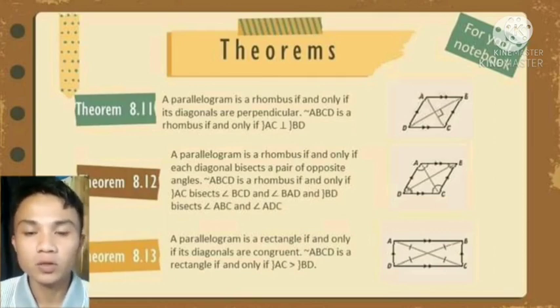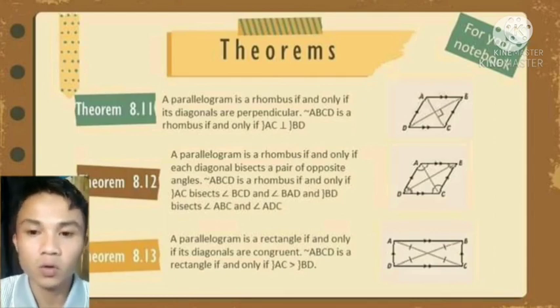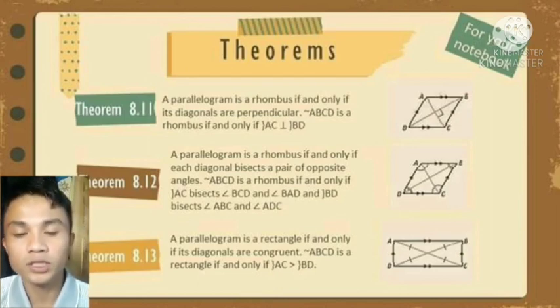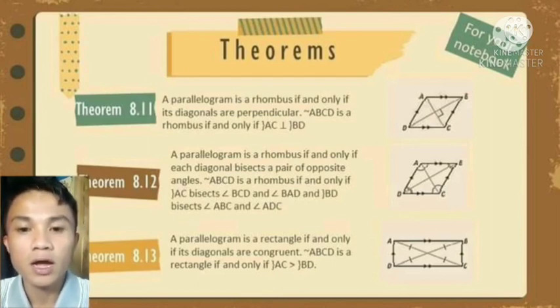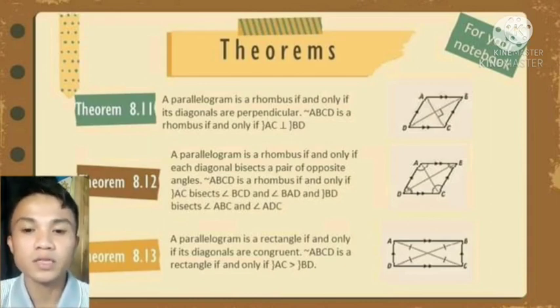So makita doon na hinati niya yung angle BCD at saka yung BED. Doon siya bisect. So at saka yung line BD nag-bisect din doon sa angle ABC at saka yung angle ADC.